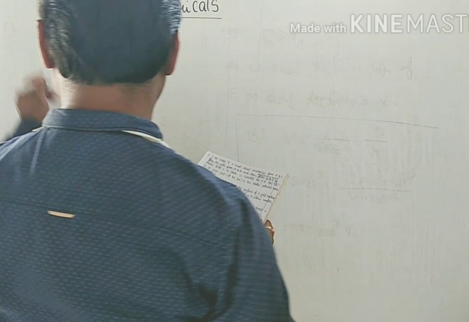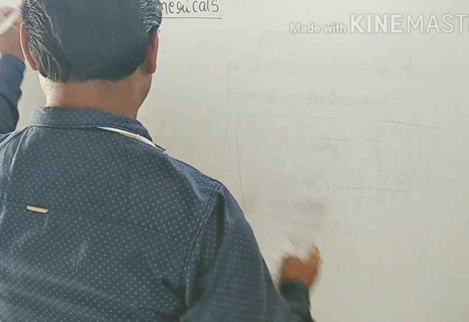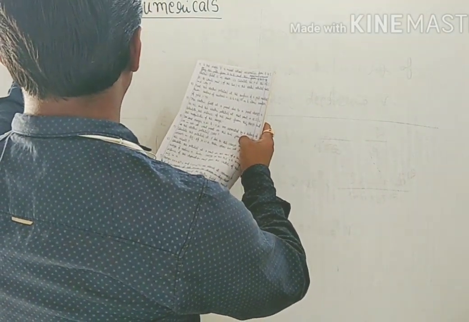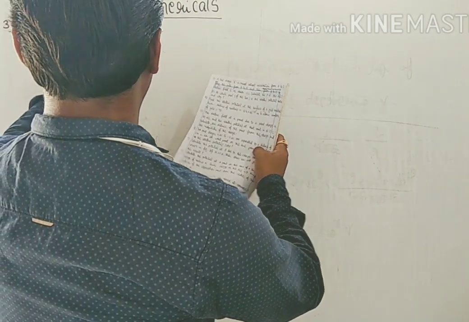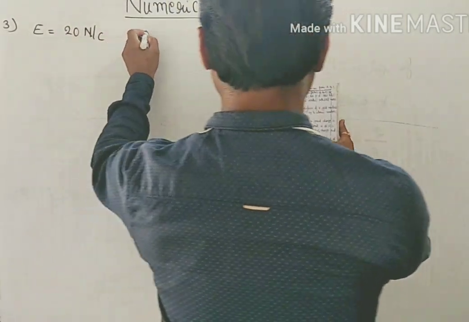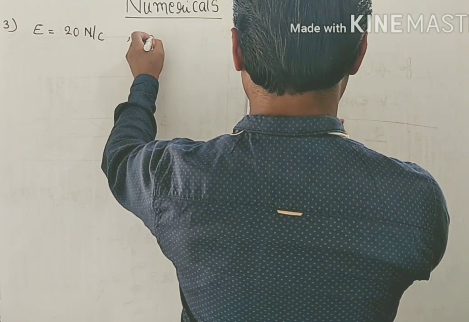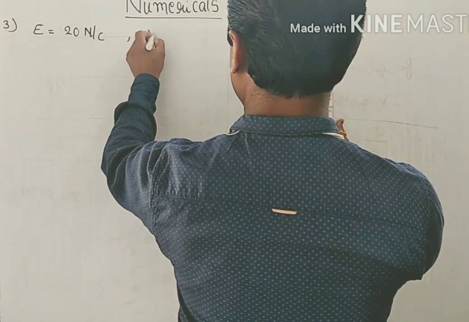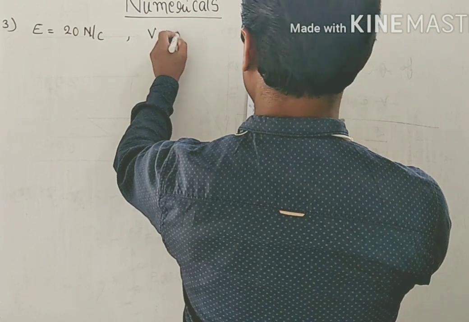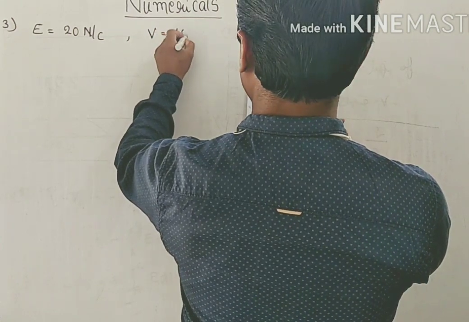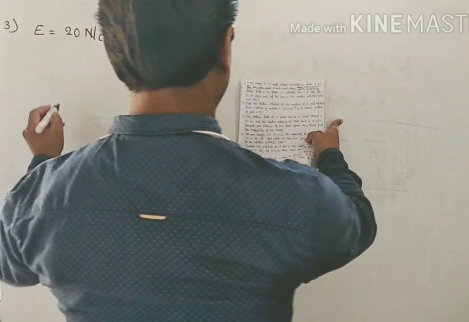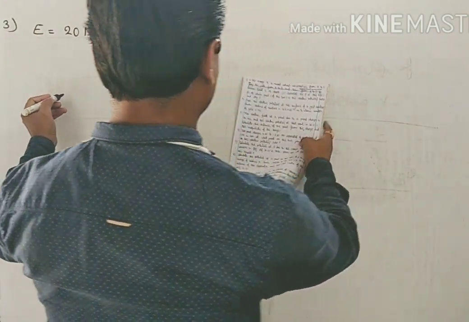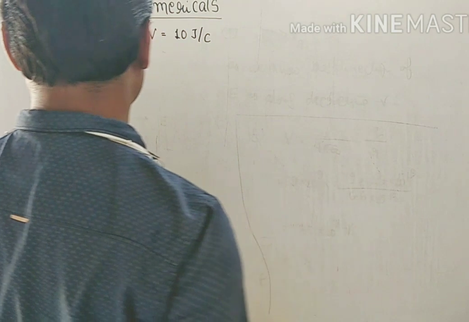So for the third question, electric field is given to be 20 Newton per coulomb, and electric potential is given, yes, it is 10 Joule per coulomb, and then we need to calculate magnitude of charge as well as distance.